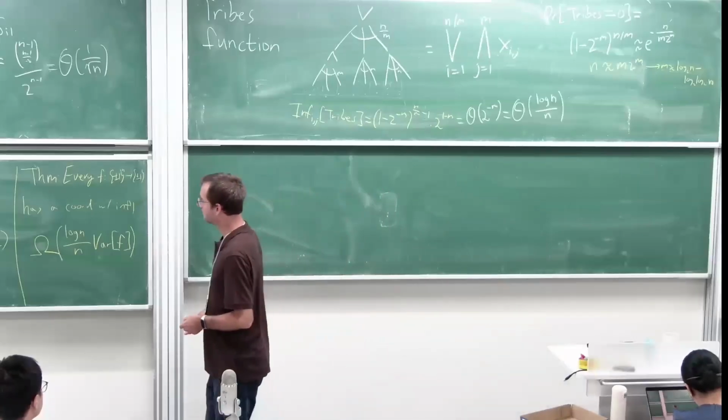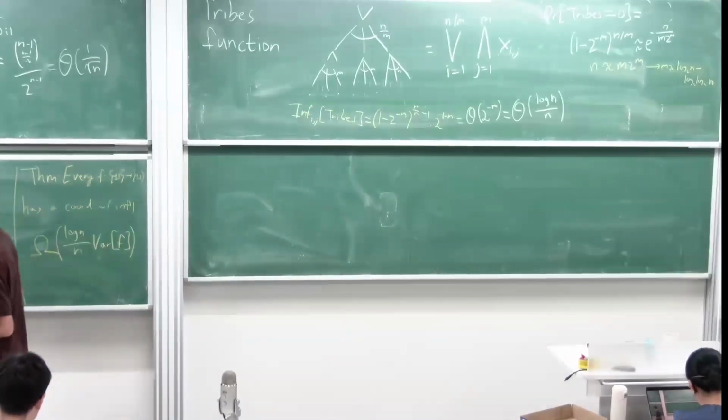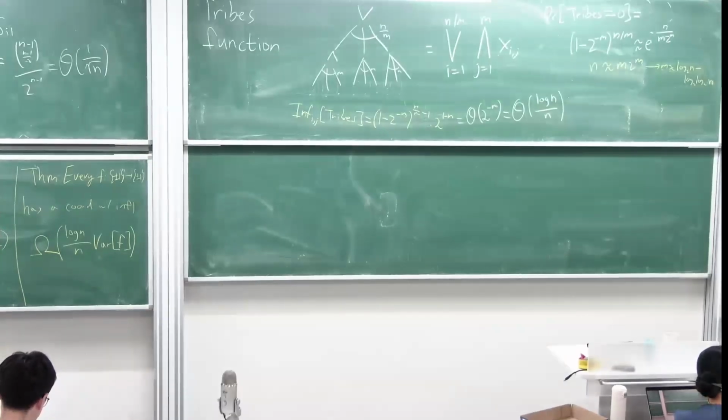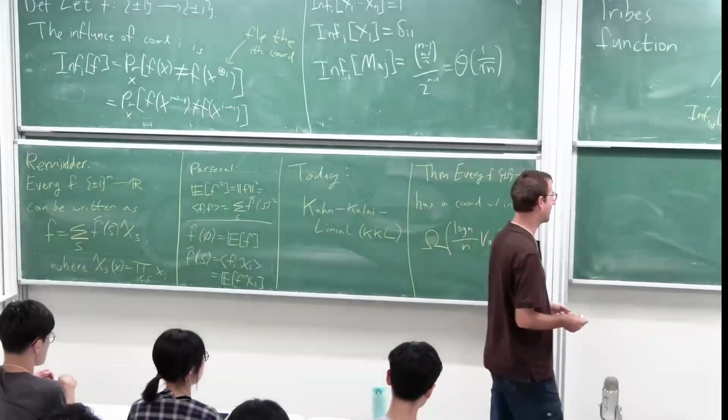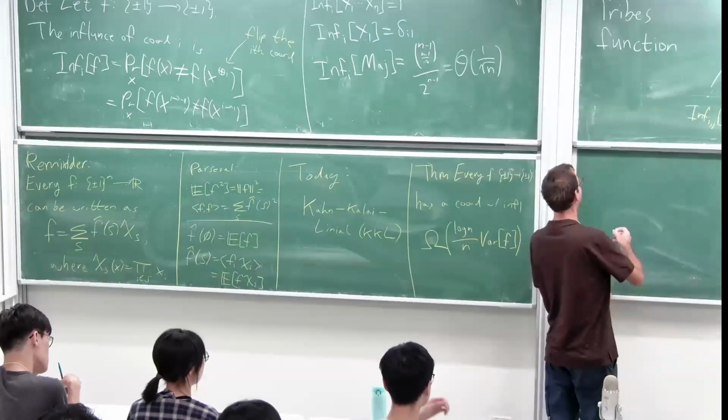The first thing that we're going to do is find some relevant Fourier formulas, starting with the variance, because that's maybe something I should have done yesterday.